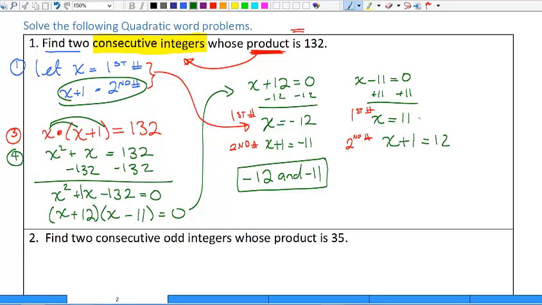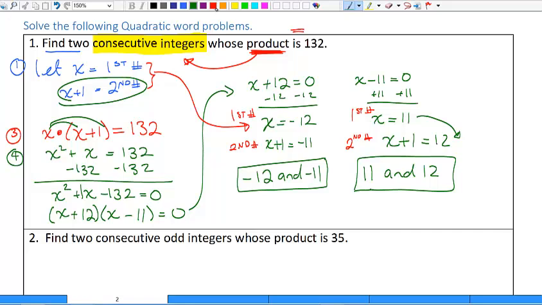The other thing you could do is just think about it. If 11 is your number, what's the next one after that? If you know the definition of consecutive integers, you can probably think about it that way too. So my two answers are negative 12 and negative 11 as a pair, and 11 and 12 as a pair. So you have two sets of answers.